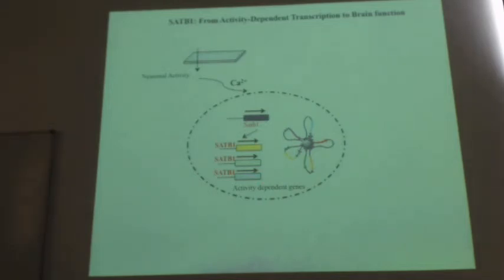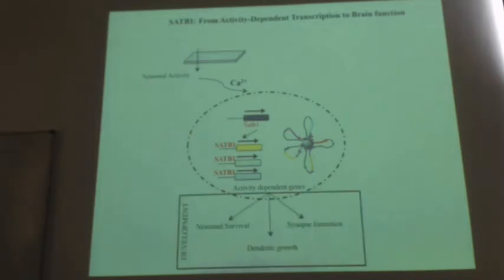We know that these activity-dependent genes are implicated in many functions important for the development of the central nervous system, such as neuronal survival, dendritic growth, and synapse formation, and therefore it is very important for the maturation both of the interneurons and the projection neurons.